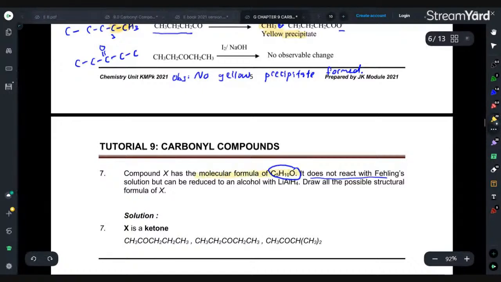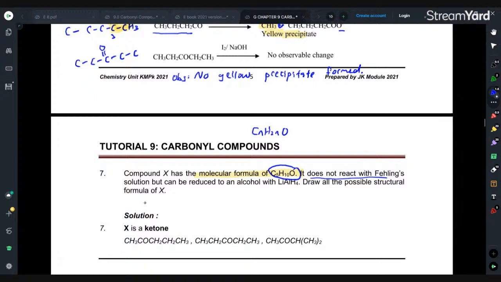For this one, the general formula is CnH2nO. You can mention this is the general formula for carbonyl compounds, which can be ketone or aldehyde. Second, it does not react with phthalate, meaning that this is ketone.